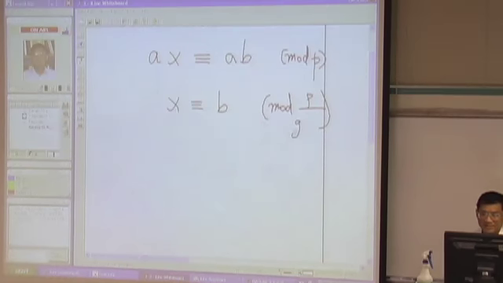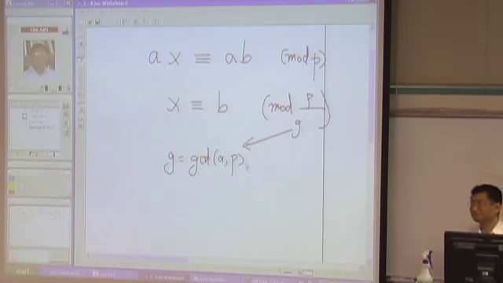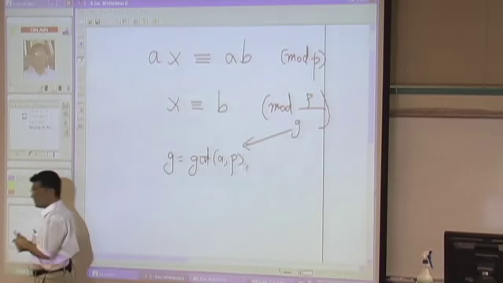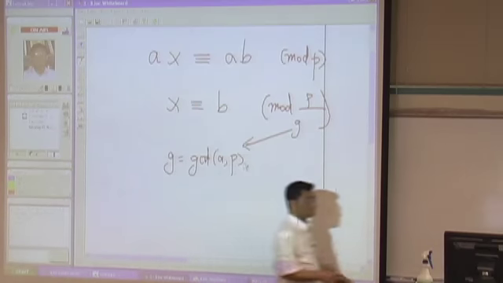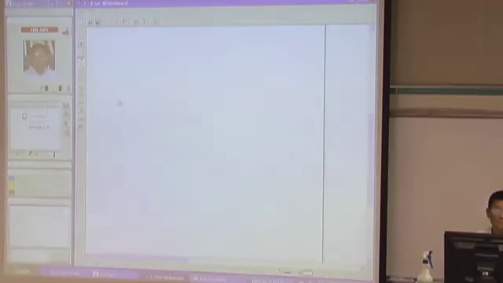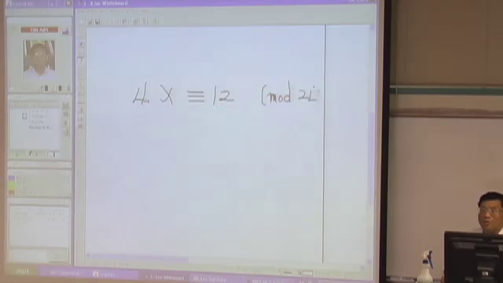I usually use just a G, where G equals the GCD of A and P. So you may make a problem, for instance, 4 times x equals 12 mod 24.